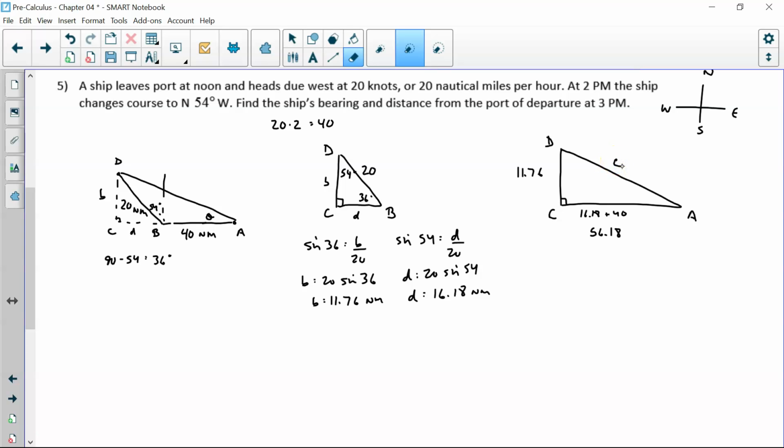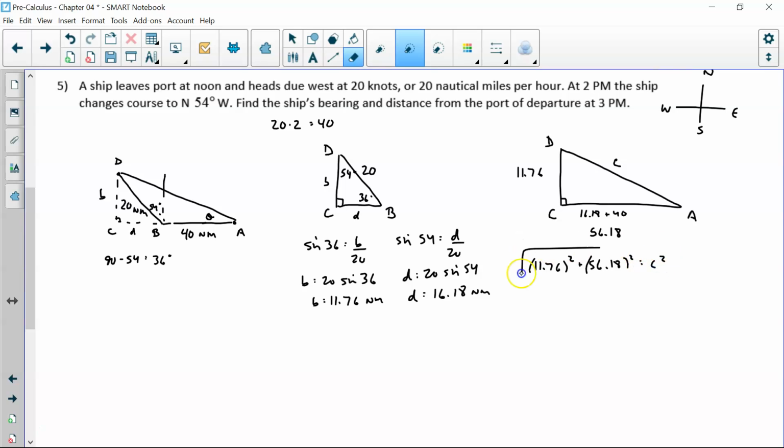We can call it C. That'll give us our distance, and we can do that by using the Pythagorean Theorem. 11.76 squared plus 56.18 squared equals C squared.